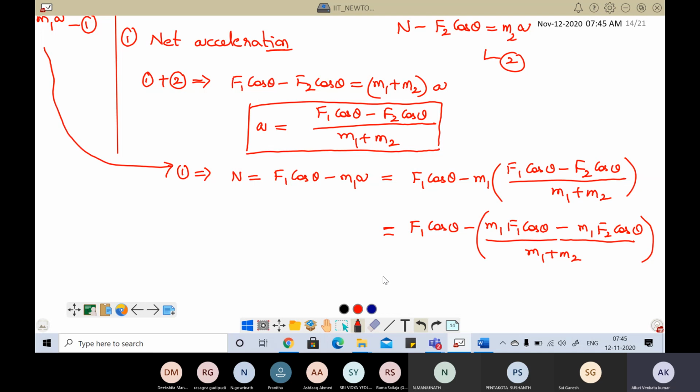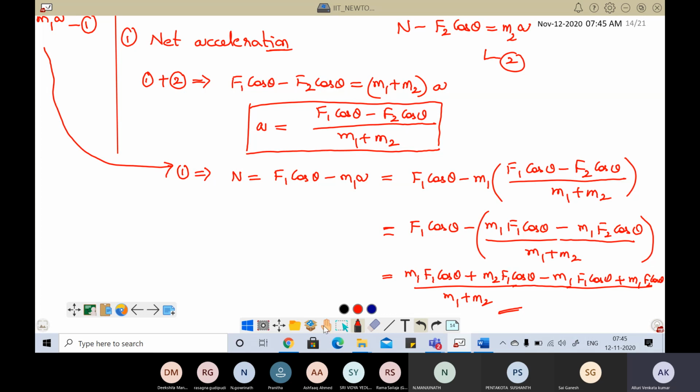Now if you take LCM and then do it, you'll get the final answer. That means you have to take LCM and finally a long expression you will get. M1 plus M2 is the LCM. So first one is M1 F1 cos theta plus M2 F1 cos theta minus M1 F1 cos theta plus M1 F2 cos theta.